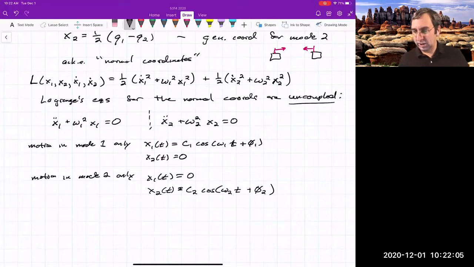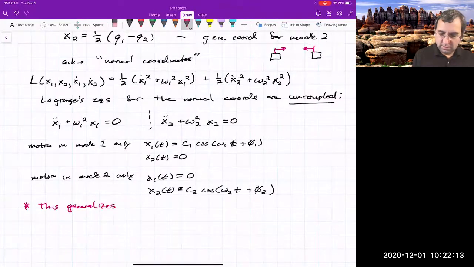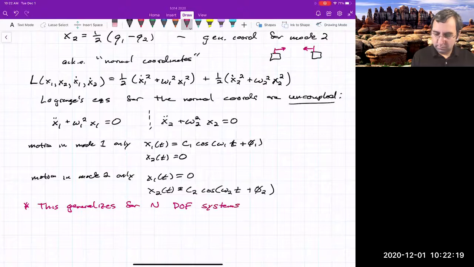and this generalizes for n degree of freedom systems, where you would get x_k double dot plus omega_k squared x_k equals 0, k goes from 1 to n.